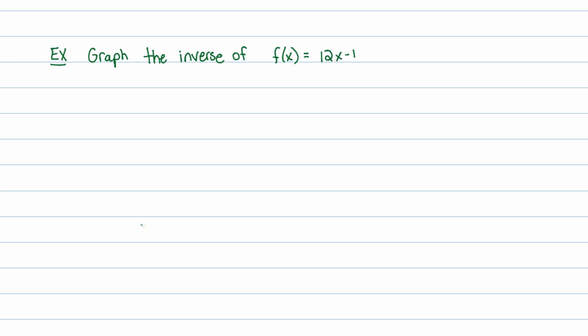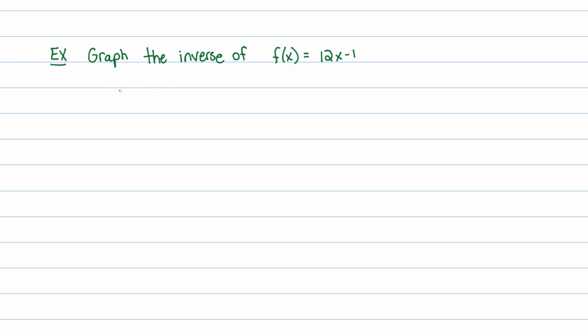If you're given the function explicitly, you can either find the inverse, or you can graph the function and then use a very special technique to help you graph the inverse. But since I haven't shown you the technique yet, what we're going to do is find the inverse function for this function here, and then we'll go ahead and graph it.